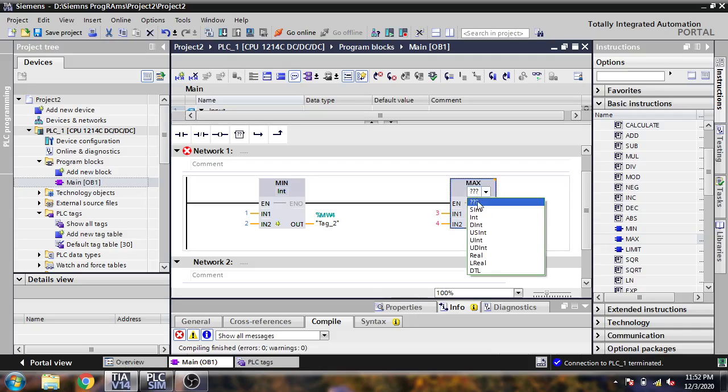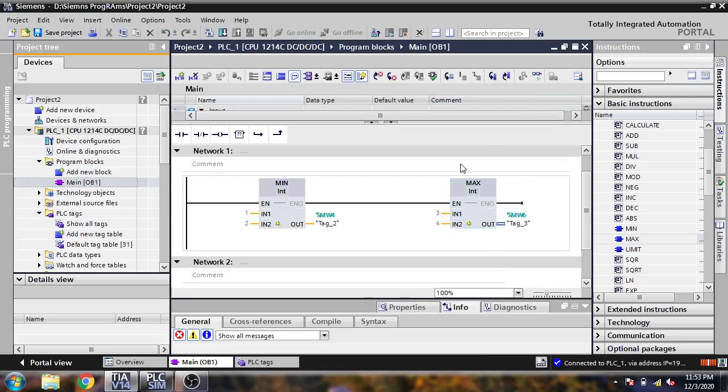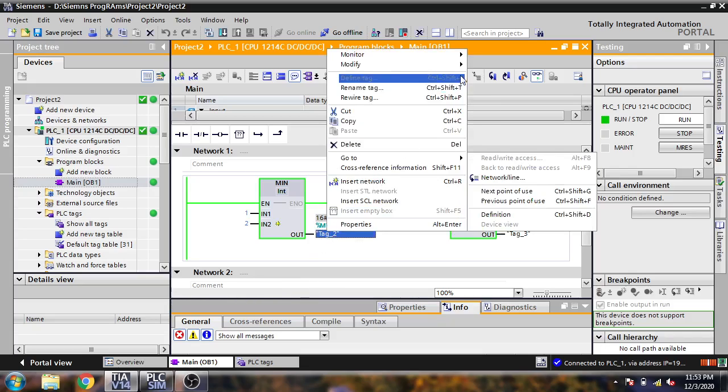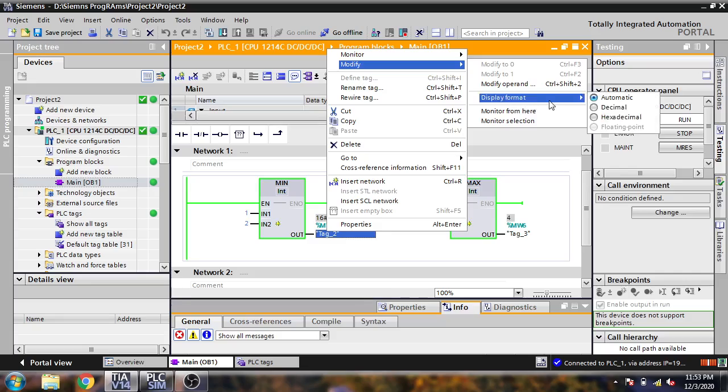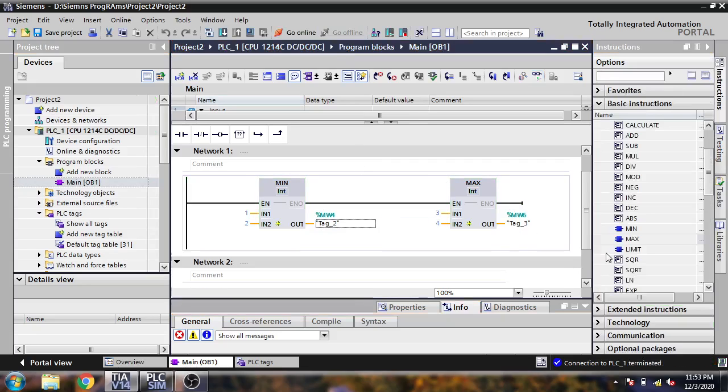I am also using integer there and MW6. Now I am going to compile that, and again download that into my PLC. So I am just going online. You will see, yes, I need conversion there. So you will see how it will convert there. You will see 1 is minimum, so 1 is there, and 3 and 4 is maximum, so 4 is there. So that's how our maximum works.